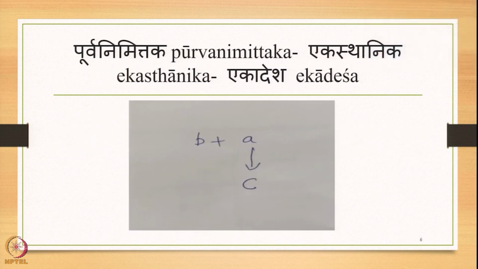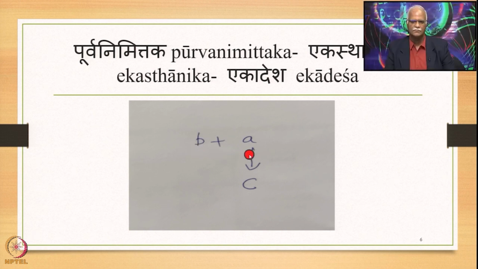Purvanimittaka Ekasthanika Ekadesha is explained diagrammatically on this slide, where we have B plus A in close proximity in the Samhita mode, and immediately before A there is B. So B is the Purva Nimitta, A is Para, and in the environment of this Purva Nimitta B, A is substituted by C. A is the Sthani, C is the Adesha, B is the Purva Nimitta.